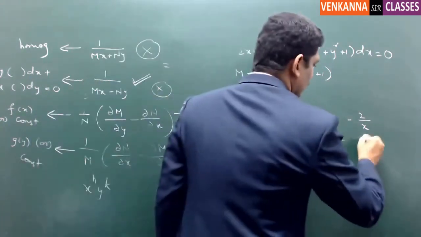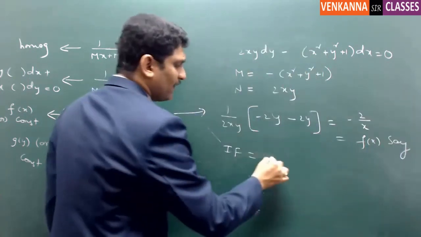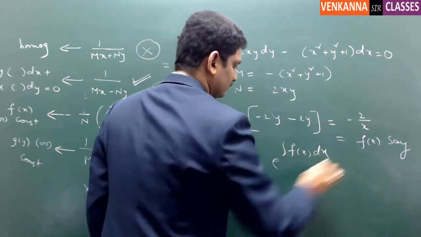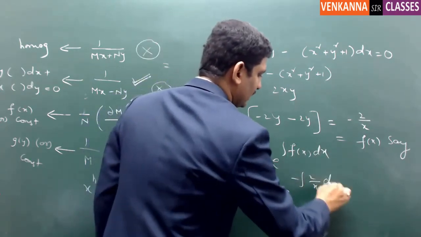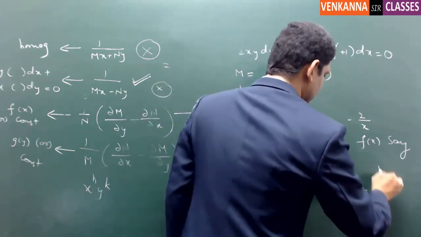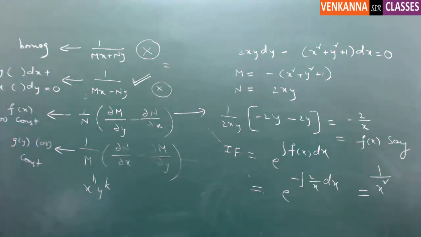This is nothing but a function of x. Integrating factor is e power integral f of x dx. So e power integral minus 2 by x dx, this equals 1 by x square. Please check on that.